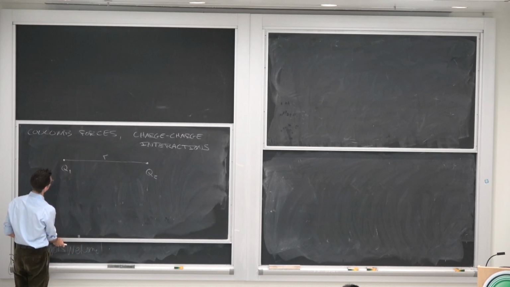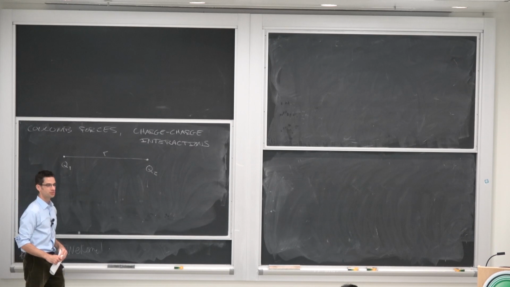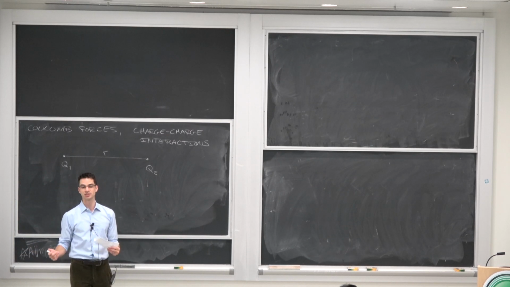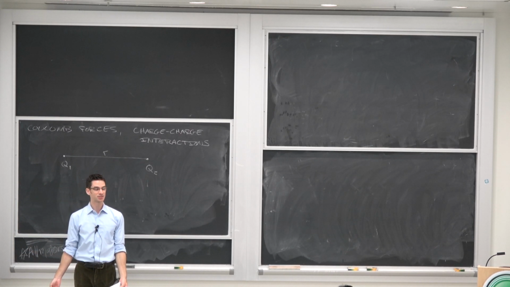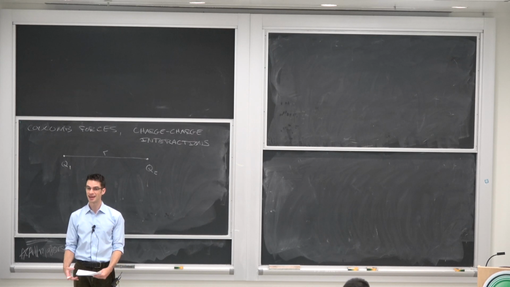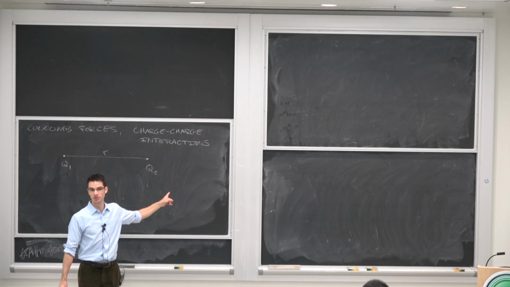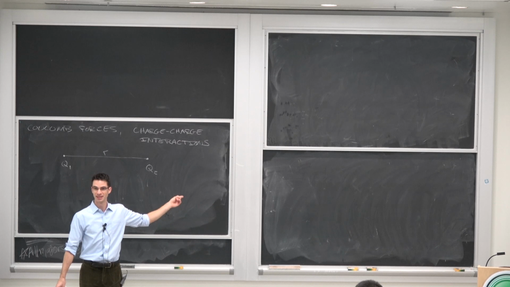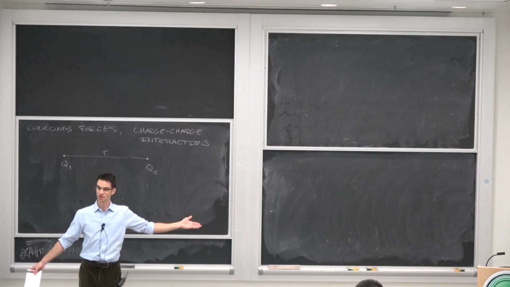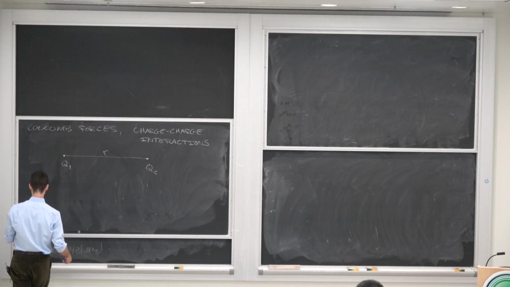Okay, so if we have Q1 and Q2, Q1 produces an electric field, and the electric field times the charge of Q2 produces a force on Q2. Now, depending on the sign of the charge, it can be either repulsive or attractive. So far, so good.